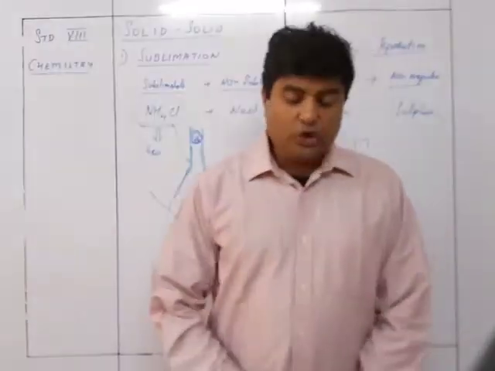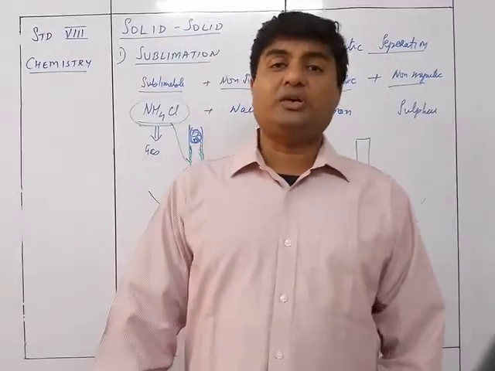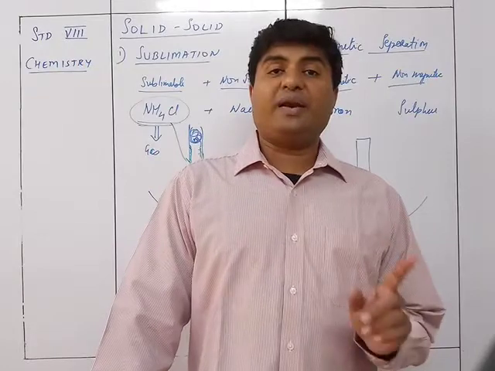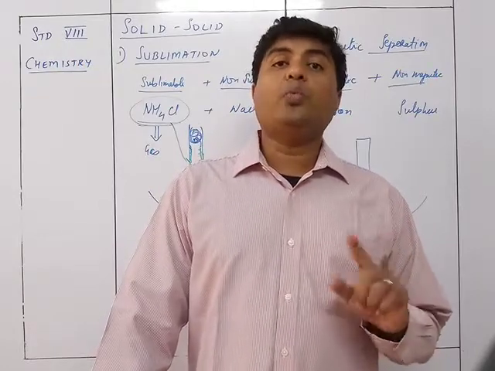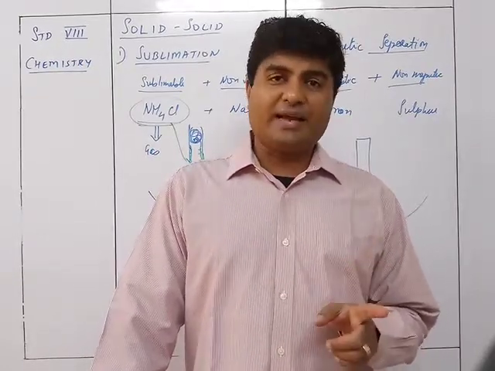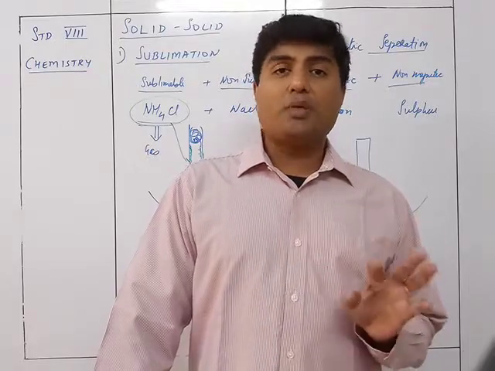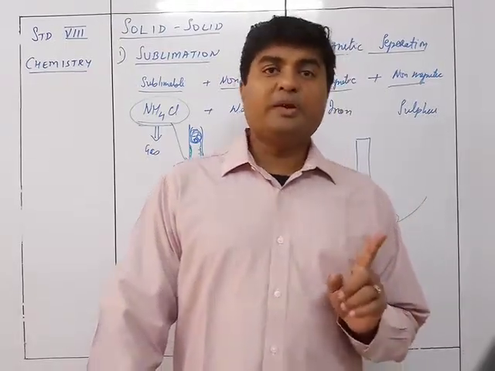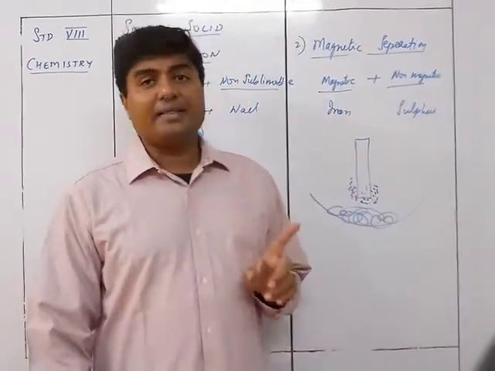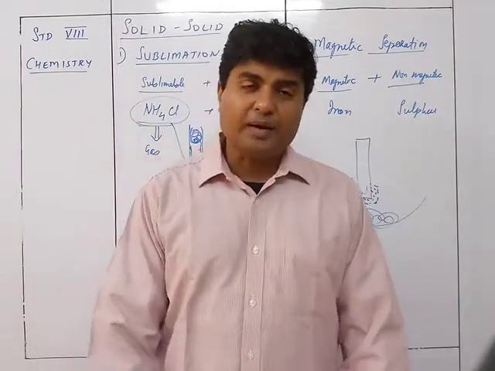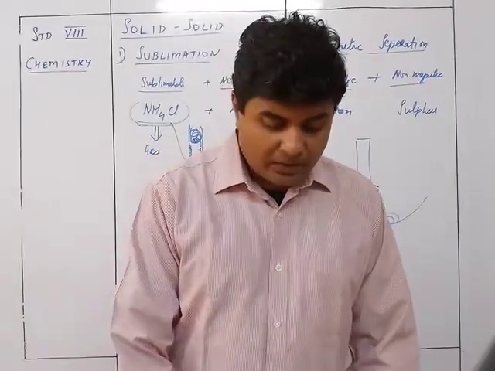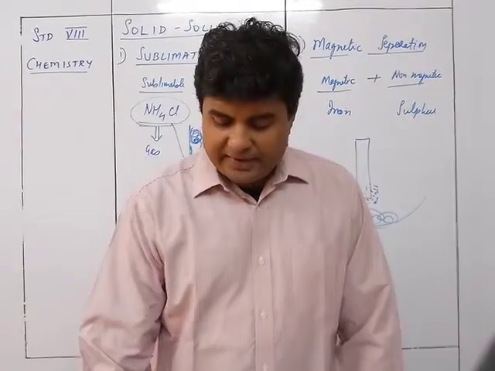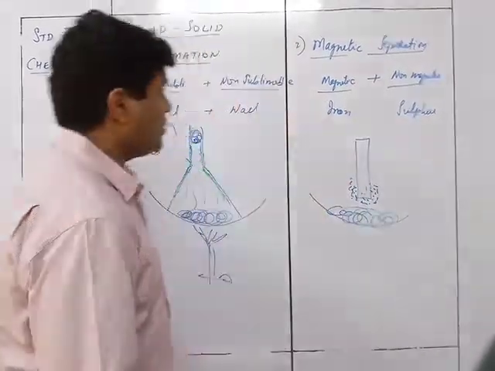So you use magnetic separation when you want to separate two solids wherein one of the substances is magnetic in nature and the other is not. The principle of separation is: one magnetic material, the other non-magnetic. The third one is solvent extraction.